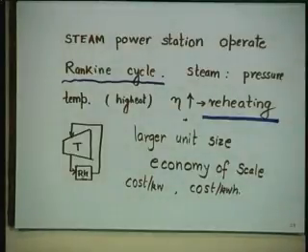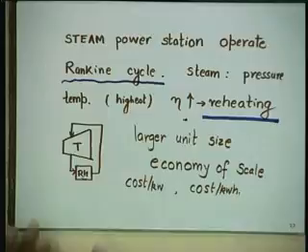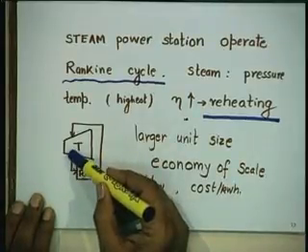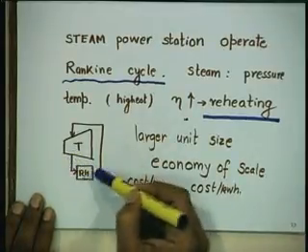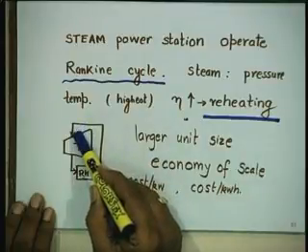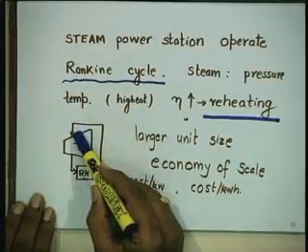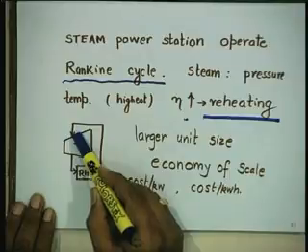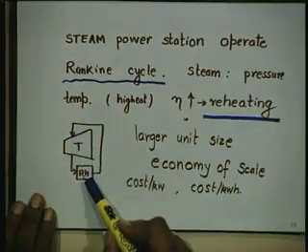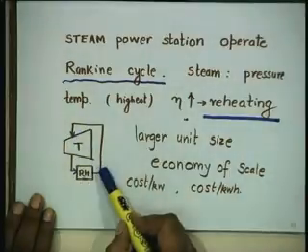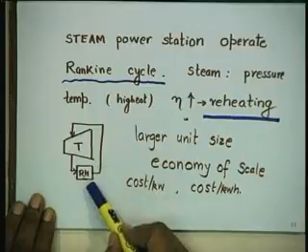What is a reheat turbine? Take out the steam from the middle portion, have a reheater, bring it back again. Of course, there is a cost. No advantage can be gained without payment. So, cost of the reheater, cost of these pipes, and this will increase the efficiency further.